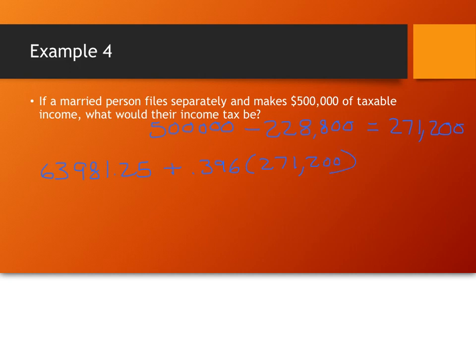Okay, so 63,981.25 plus 0.396 times 271,200. So the amount of tax you would have to pay is $171,376.45, which is a bit different from what we had earlier.